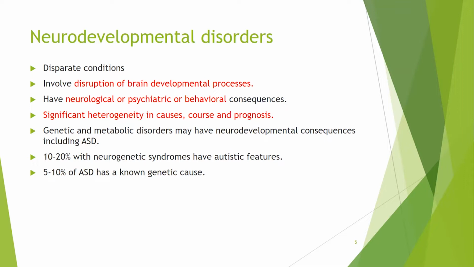So 10 to 20% of individuals who have neurogenetic syndromes may have autistic features. And conversely, about 5 to 10% of individuals with autism spectrum disorder have a known genetic cause. So genetic causes are very important in neurodevelopmental disorders.